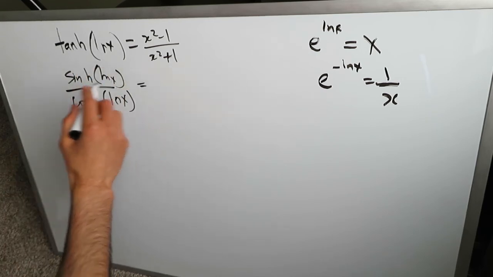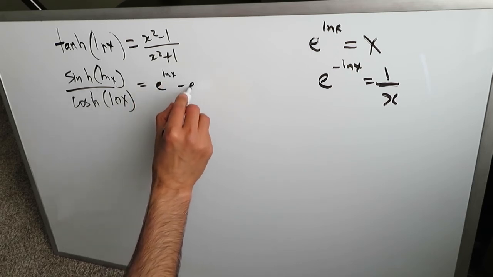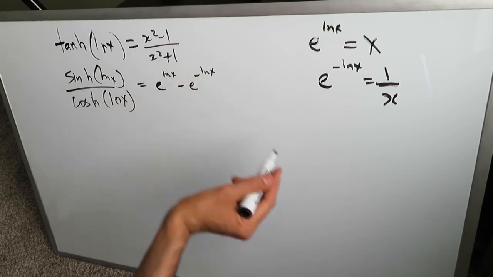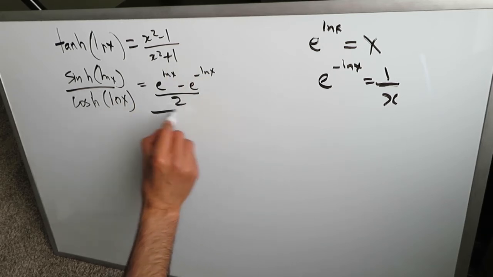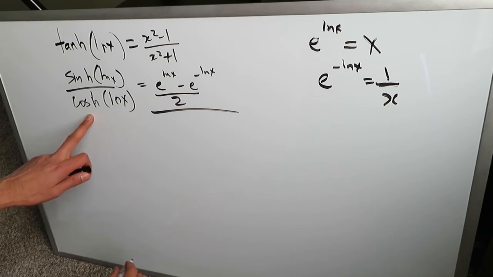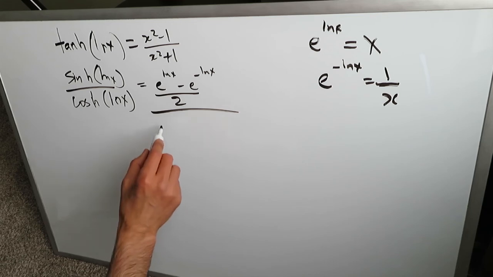Anyhow, bring in the definitions over here. You have e to the natural log x minus e to the minus natural log x. Remember, it's e to the x minus e to the minus x over 2, for the sinh, the hyperbolic sine, and the hyperbolic cosine is e to the x plus e to the minus x over 2. Except here x is replaced by ln x.